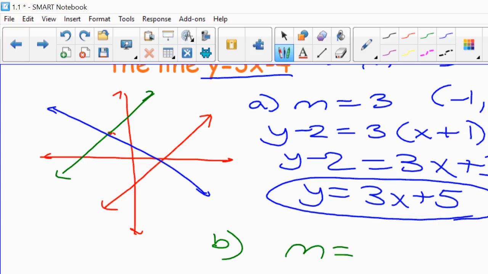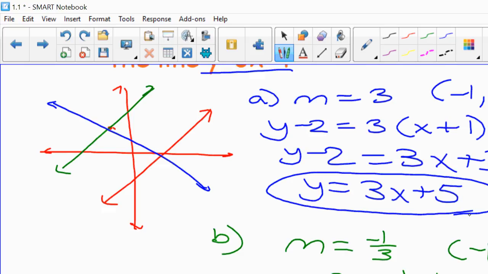That's my goal. What's the slope of a perpendicular line? Negative 1/3. You're slopping. Okay, still the same point. So let's go y minus 2 equals negative 1/3 times (x minus negative 1), makes it plus. Distribute. Negative 1/3 x minus 1/3.